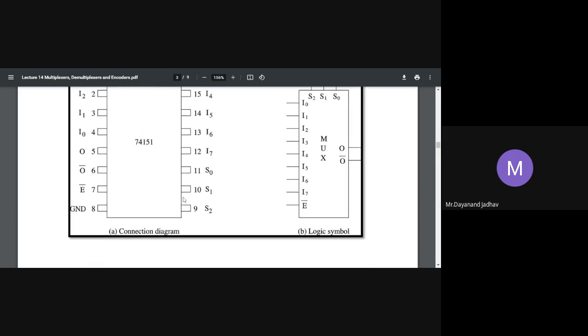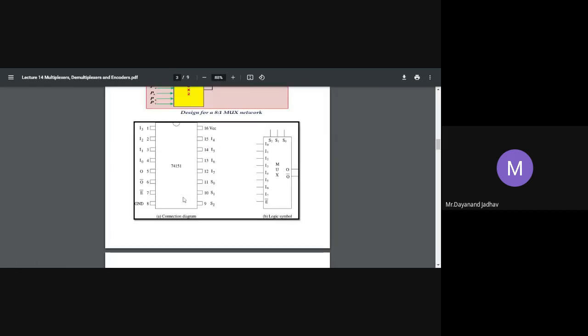Okay, this is the connection diagram, how here we can implement the multiplexer. This is a 16 pin IC, with pins 1 2 3 4 5. This is the IC 74151, which is used for the 8 is to 1 multiplexer.